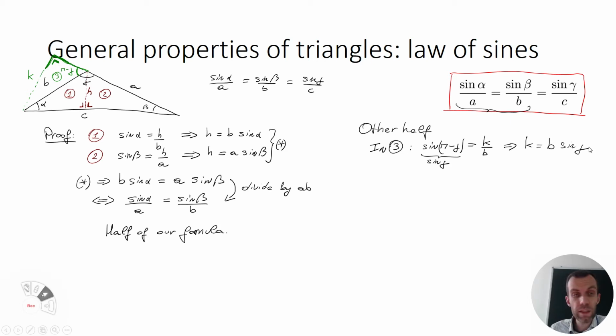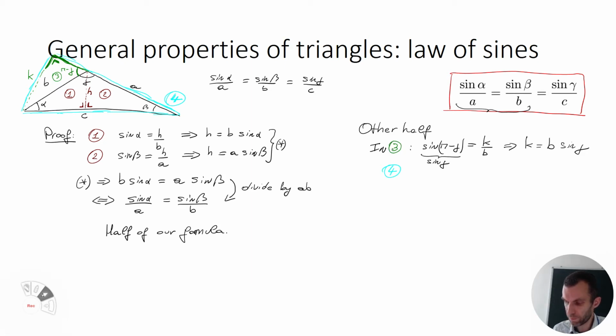And now I have to relate that somehow to sine of beta. In order to do that, we're going to look at the entire triangle. So I'm going to take this whole thing, everything that's lined up in blue, and we're going to call that triangle number 4.